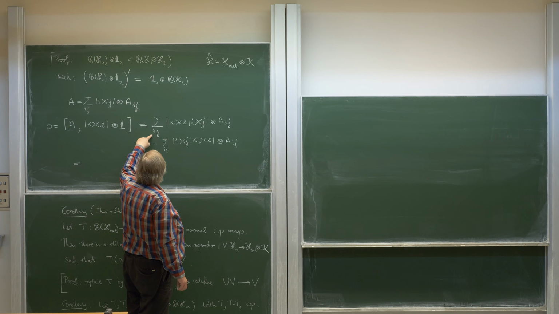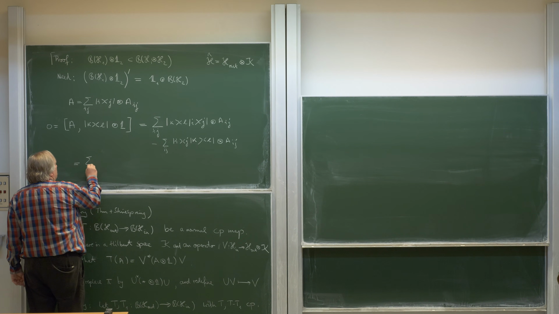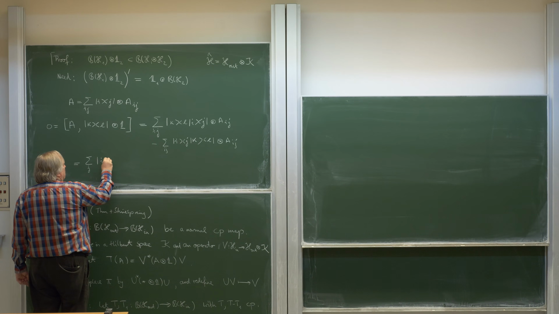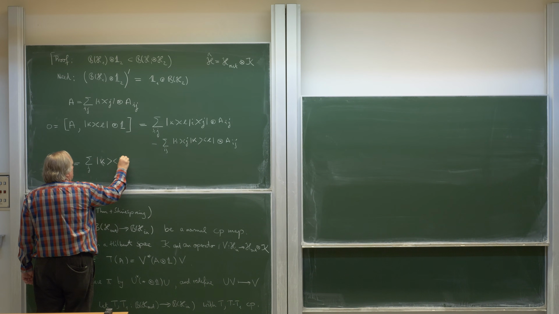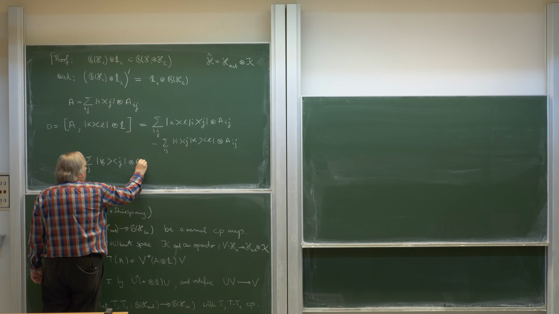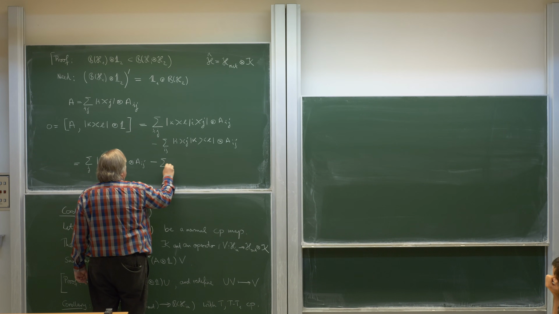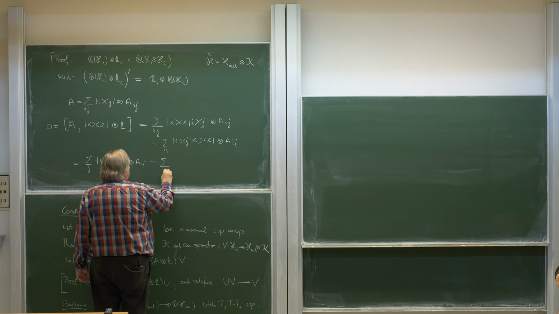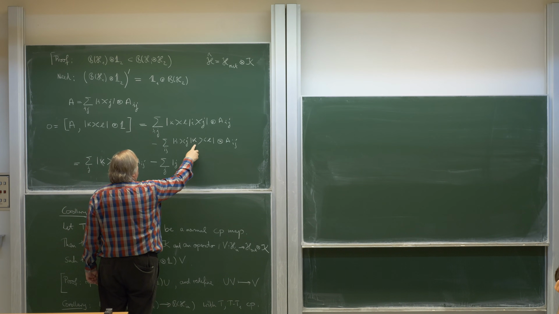So that's the sum over j. J is equal to K, so that drops out.